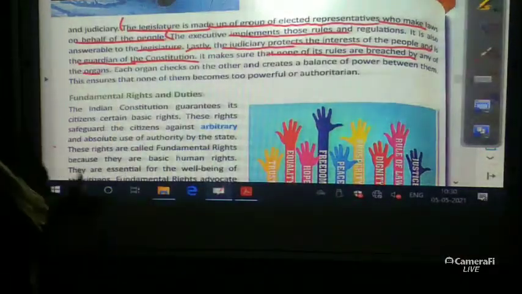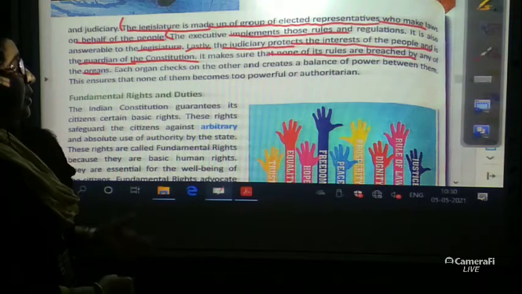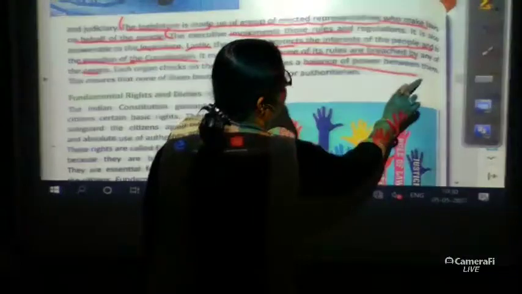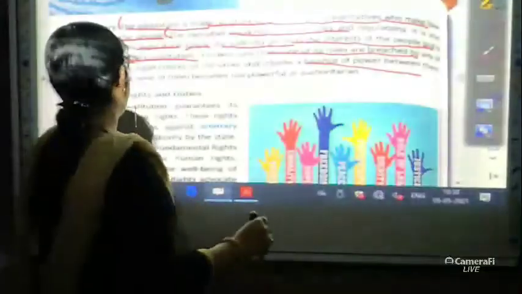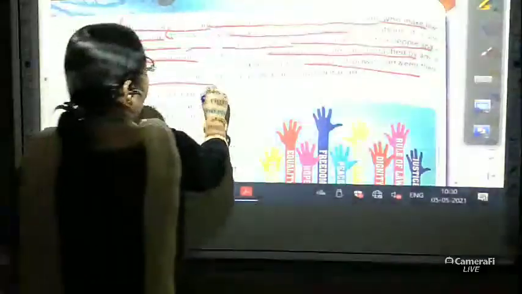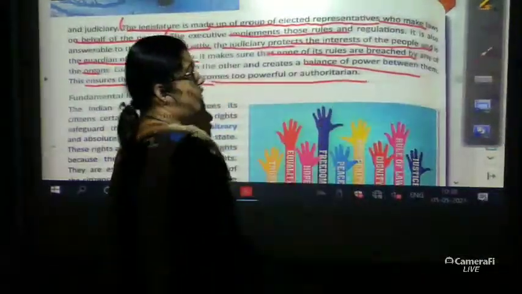Each organ checks on the other and creates a balance of power between them. This ensures that none of them becomes too powerful or authoritarian.